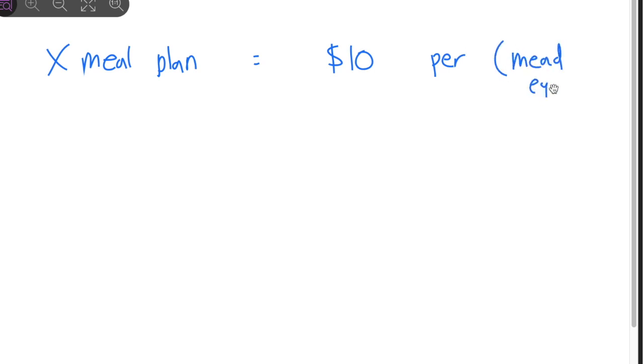So when we have producer-wise burger and soda, when we don't have a meal plan, then we can have $10 per meal equivalent, I will say.